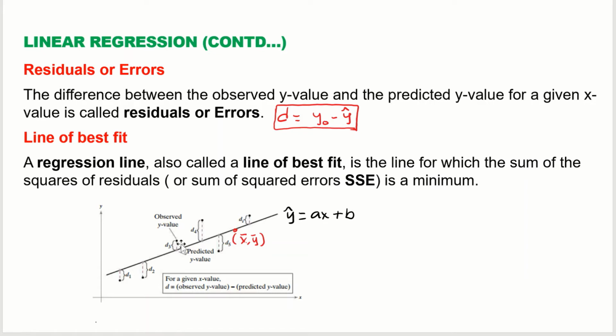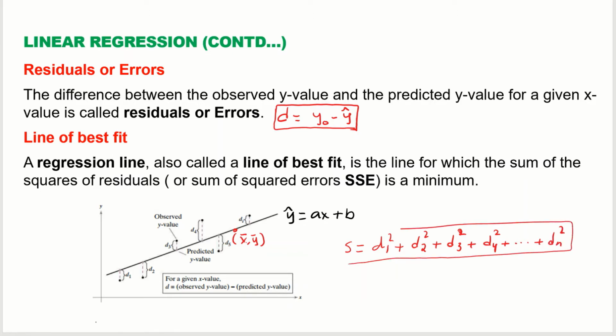So the meaning of that is, you can see here at D3 that I have pointed, this is the residual. At D1, that is the residual. At D2, that is the residual. So for the least square line, if I find the sum of the squares of all those distances, say D1 squared plus D2 squared plus D3 squared plus D4 squared plus whatever number of points are there, let's say Dn squared, this sum must be minimum.